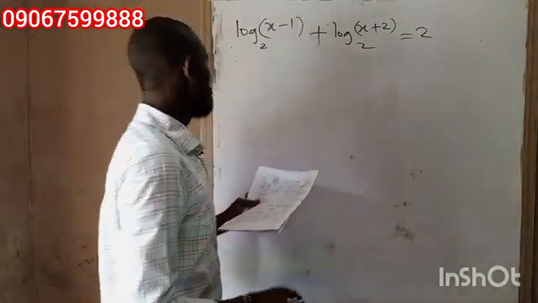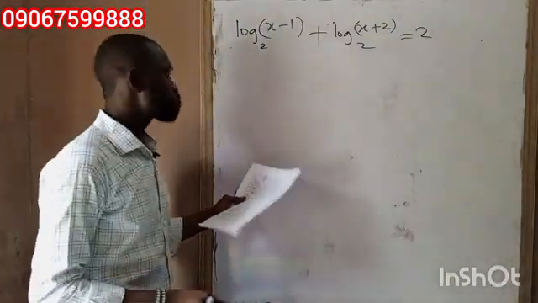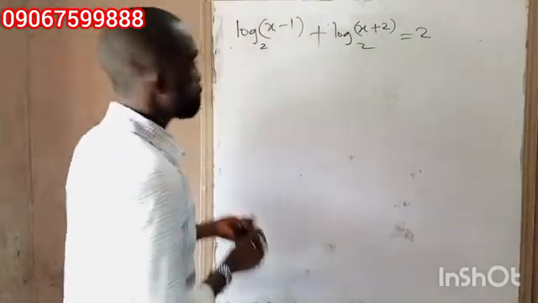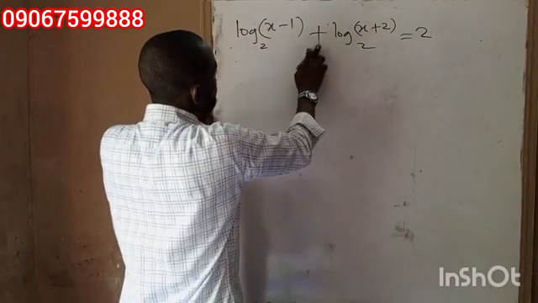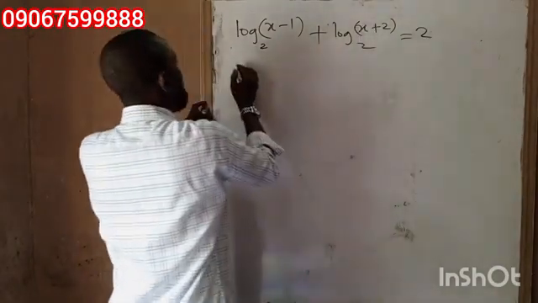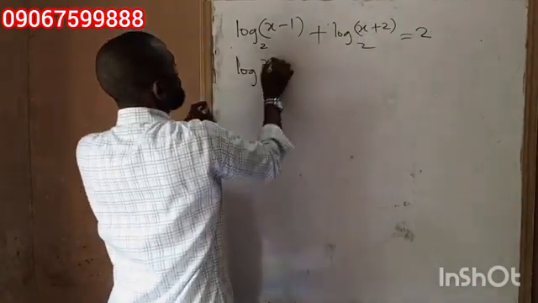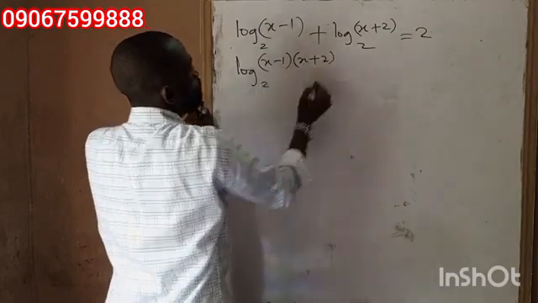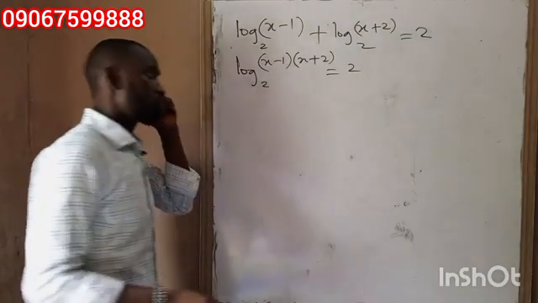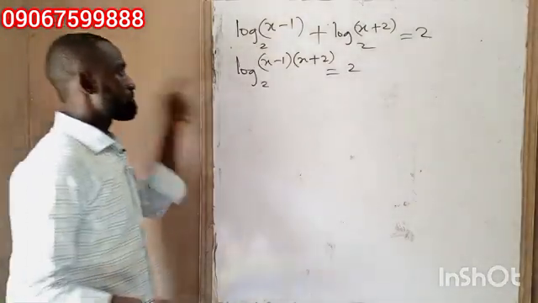Log of x minus 1 base 2 plus log of x plus 2 base 2 equals 2. Okay, so let's go. Plus, base 2, base 2, I multiply. So I'm now having log of x minus 1 times x plus 2, base 2, equals 2.